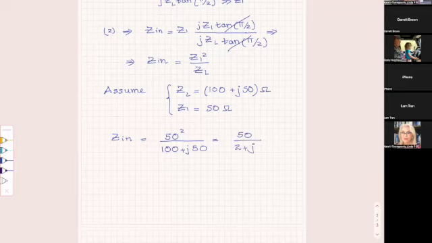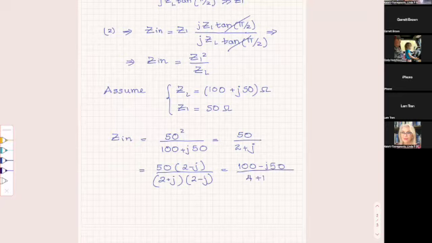And then what do I do to be able to find the input? I multiply numerator and denominator by the complex conjugate of the denominator. So I do 50 times 2 minus j, over 2 plus j times 2 minus j, and that makes it 100 minus j50. In the denominator, I have 4 plus 1.